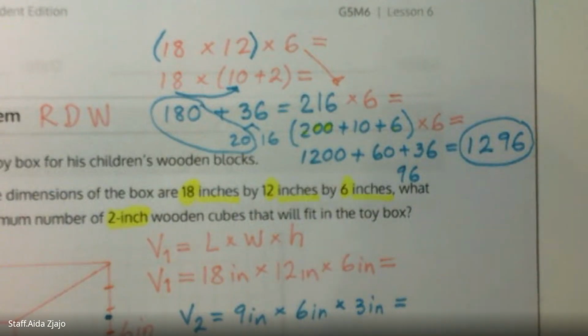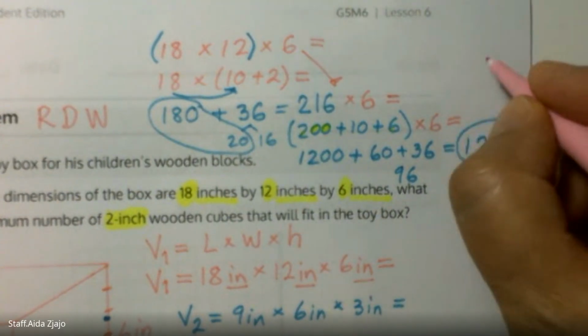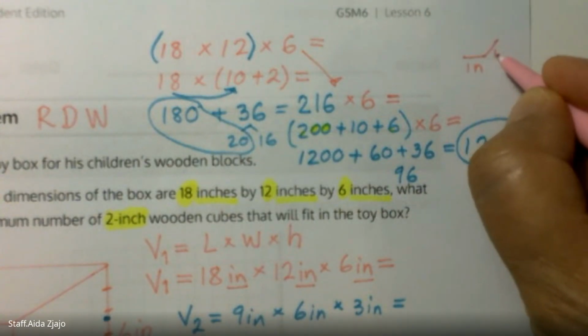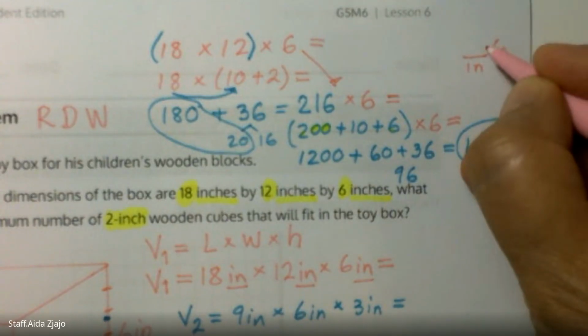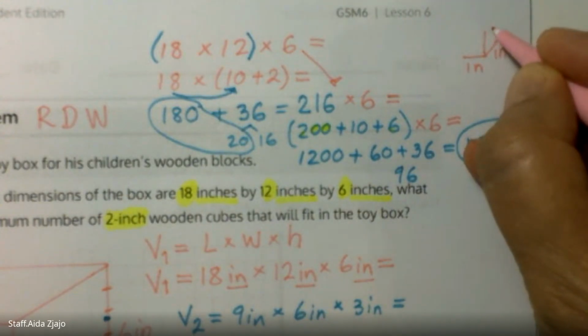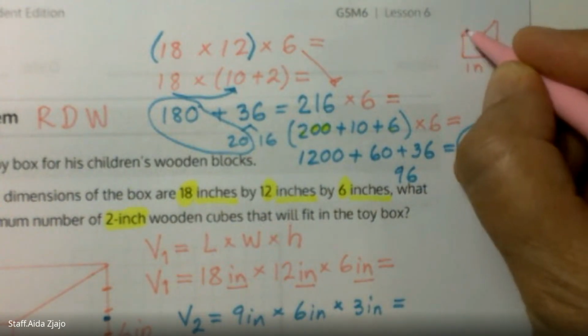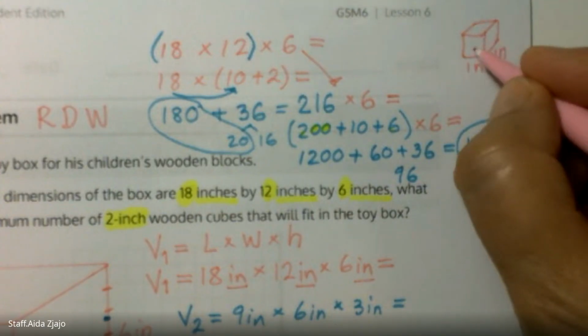And also, when you think about inch times inch times inch, you get cubic inches. Because if this is an inch, and you multiply by this inch, and by height that is an inch, then you actually create the cube that is a cubic inch.